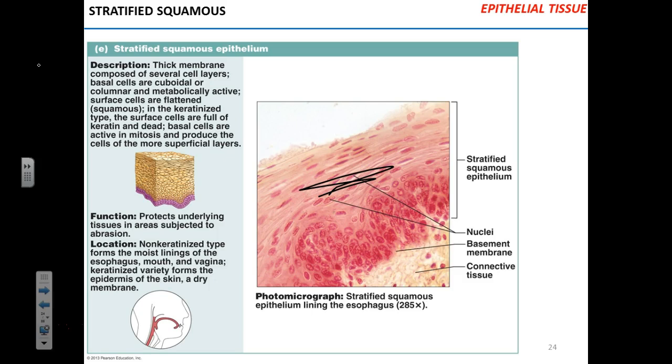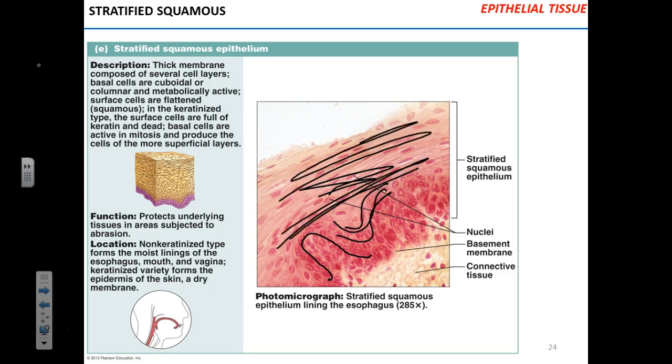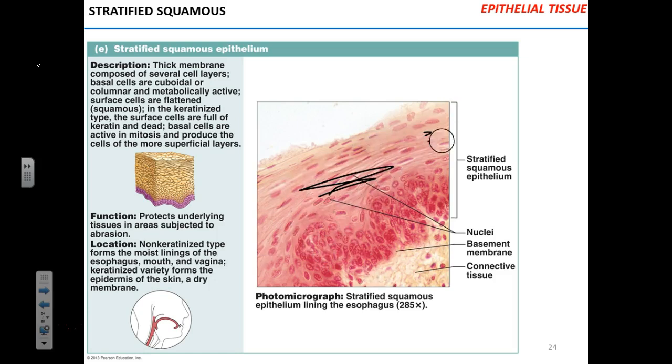If you look at the micrograph, I'm going to show you the layers. This is layer 1. This is layer 2, 3, and this is 4. Okay? Does that make sense? I don't know why this black thing doesn't go away.